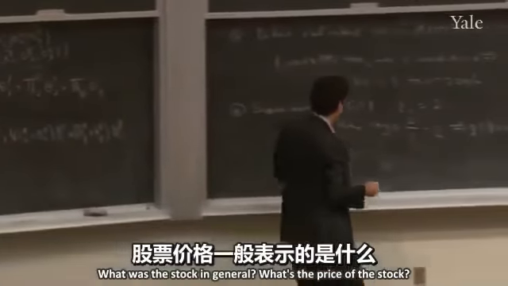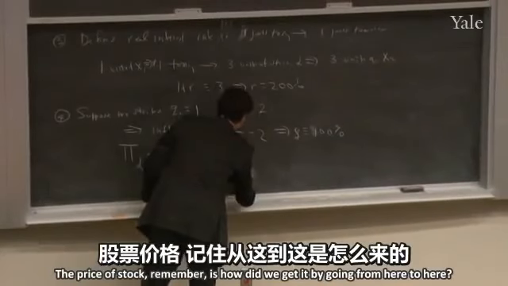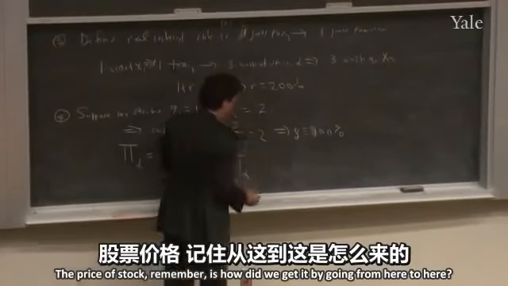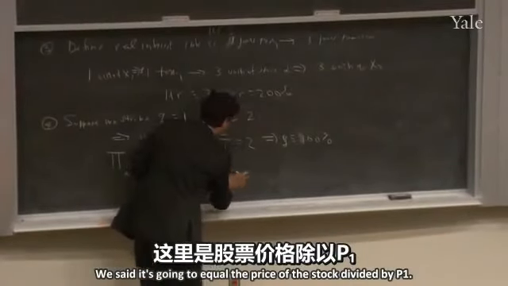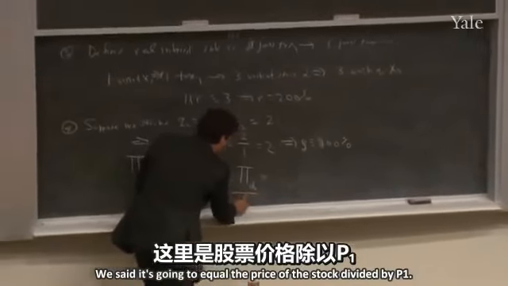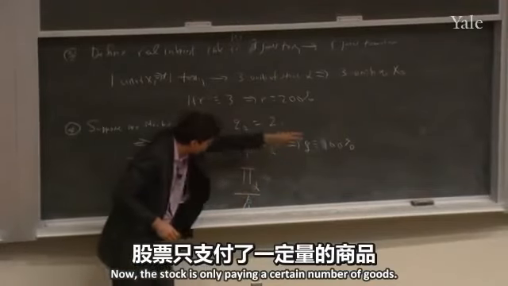Now, how did we know the stock was priced at 1/3 before? Well, what was the stock in general? What's the price of the stock? Remember, how did we get it by going from here to here? It's going to equal the price of the stock divided by P1. Now the stock is only paying a certain number of goods.